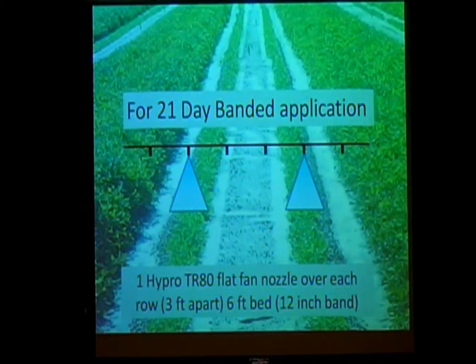That was the simplest way we could concentrate that fungicide into a band and put it out here. So we used a single flat fan nozzle directly over that row. So we were basically putting out a 3x rate of the fungicide directly over the row.